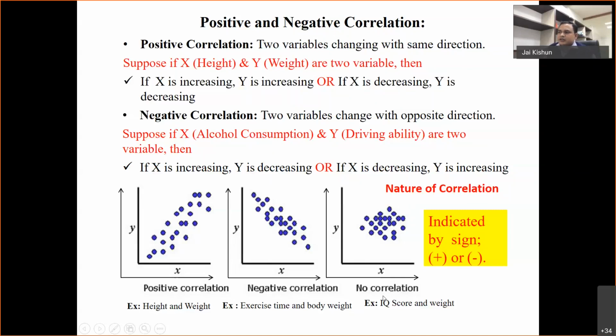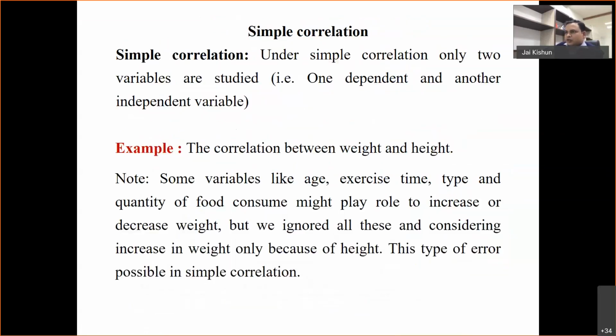So this is the picture of no correlation. It is indicated by the sign plus or minus. Basically, we recognize whether our correlation is positive or negative from the plus or minus sign. I will show you how this plus and minus sign comes.